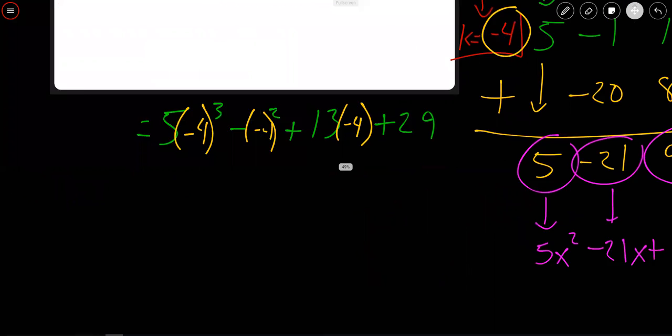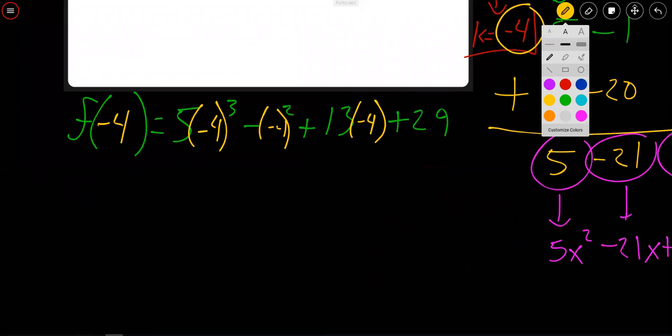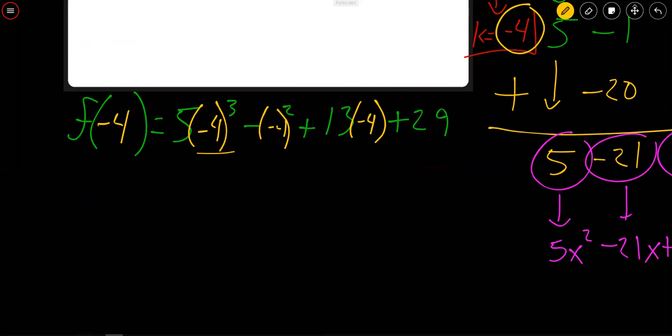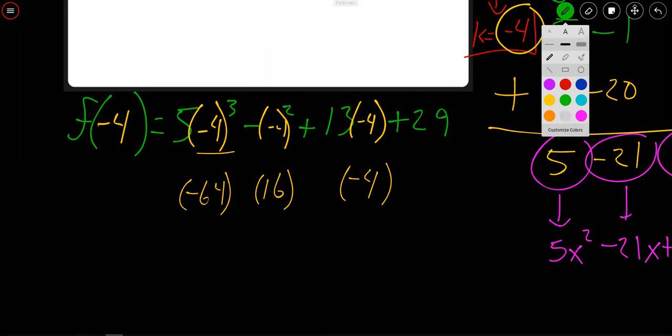Let's zoom in really quick and let's jam through this. So -4 to the third power is going to be -64. -4 squared is going to be 16, and then I'm going to bring down the -4 here. I'm going to bring down the coefficients.